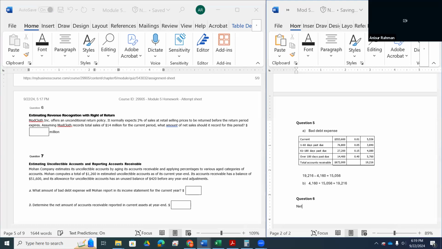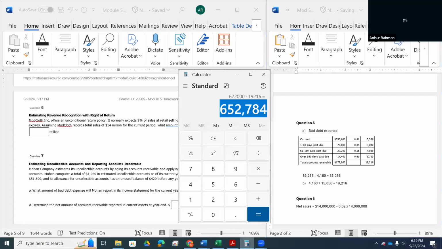So net sales will be your total sales, which is 14 million, and you have to subtract 2% of that amount. So $13.72 million.